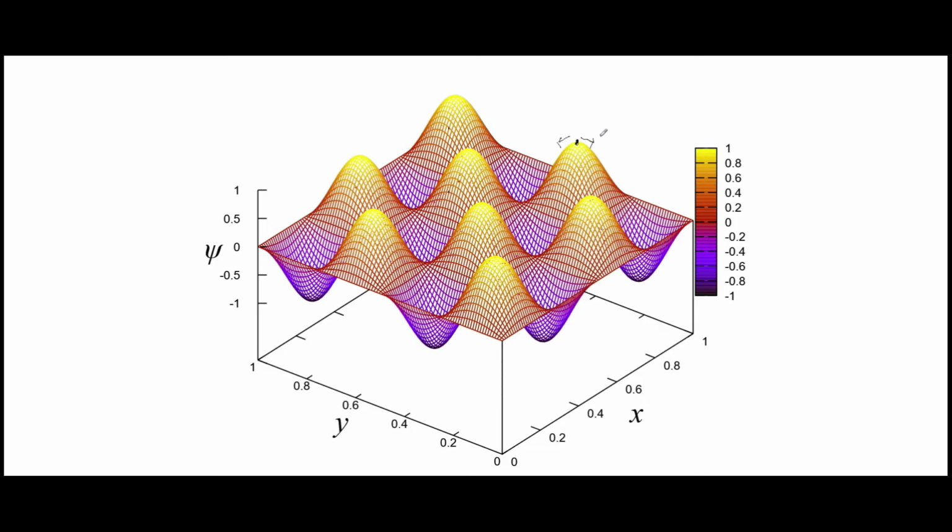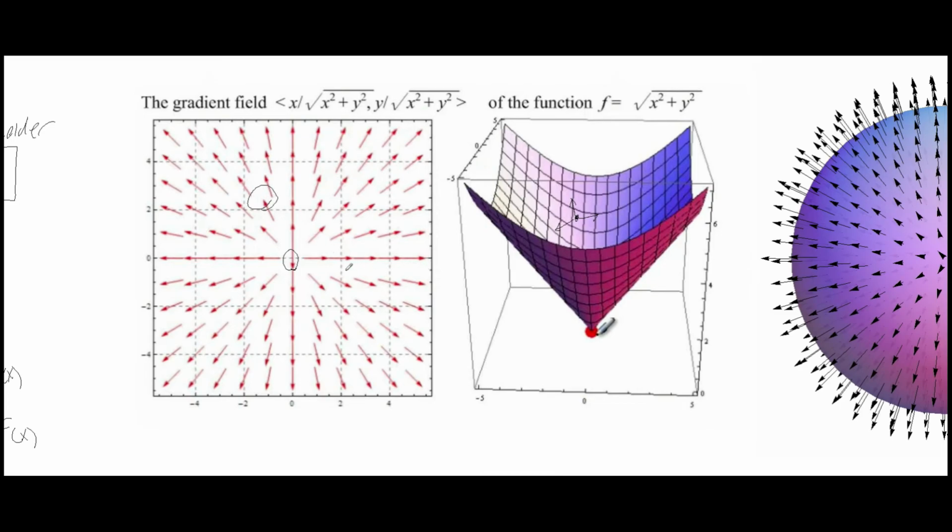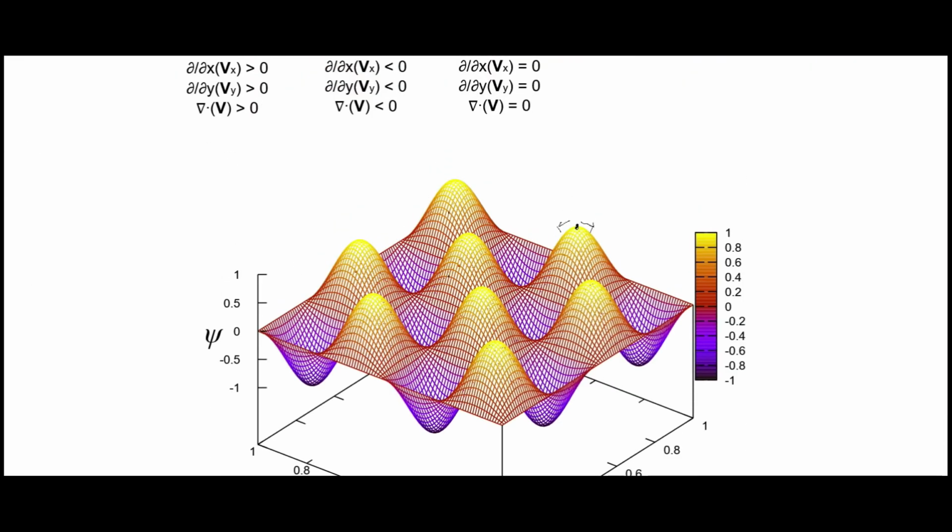So in this instance, at the top of this peak here, the divergence would all be coming inward, because the gradient is always pointing upward. So the divergence here would be negative.